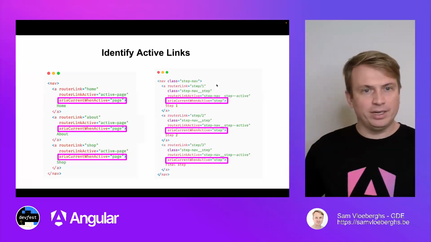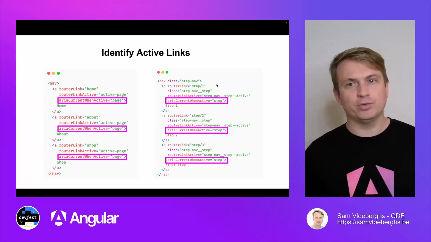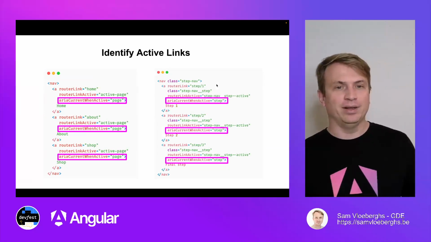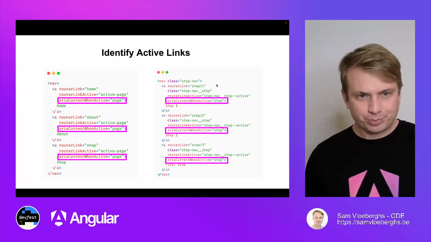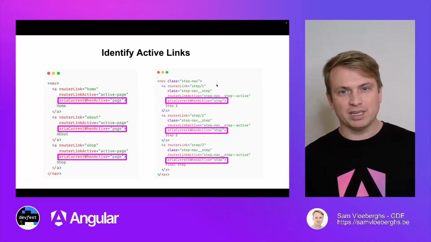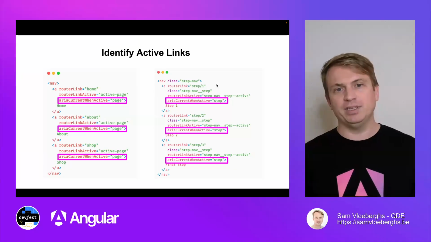Then another hidden gem in the Angular router package is the ARIA current when active directive. And although it's clearly documented, I've not seen much usage of it before. So in the example shown on the left, I've used it to indicate that the navigation links are representing the current page when they are active.